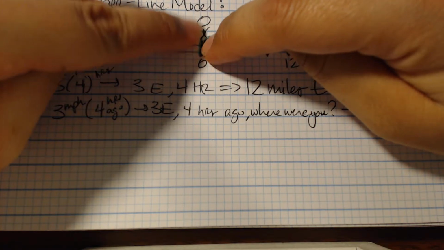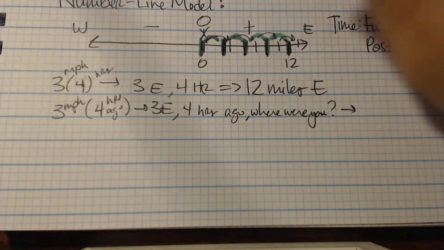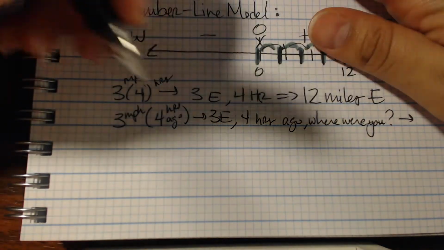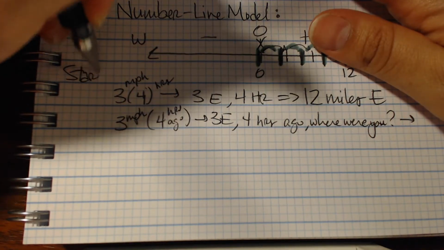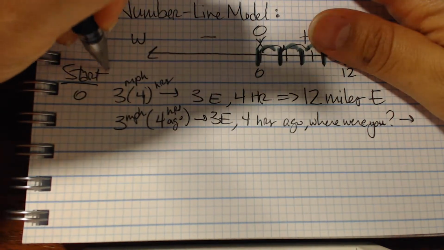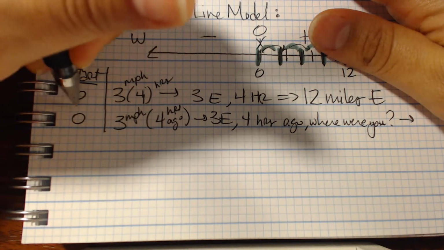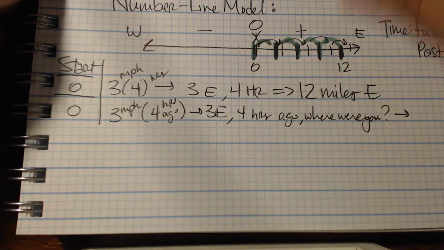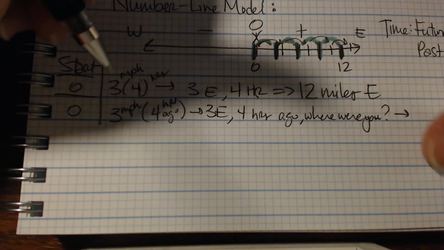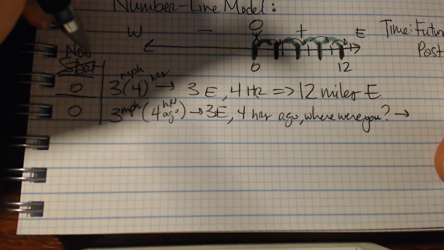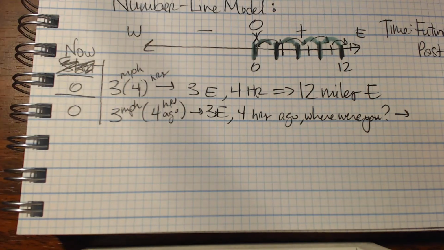And because we're starting at 0 for every single one of these, always at 0, you are now at 0.